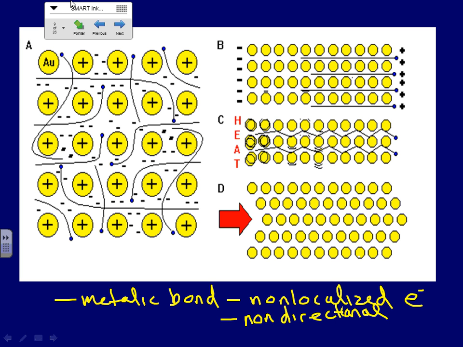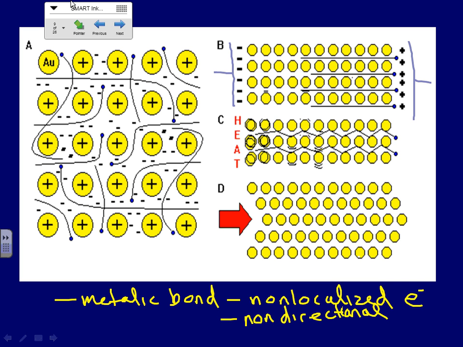Now in B, this picture represents the fact that if I had an electrical charge on the end of the metal, those little pictures that I've added are representing charges. Remember when you used to do electricity, you would talk about a negative charge and a positive charge, right?